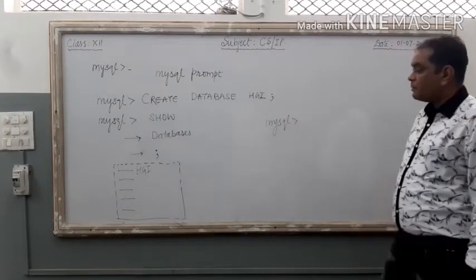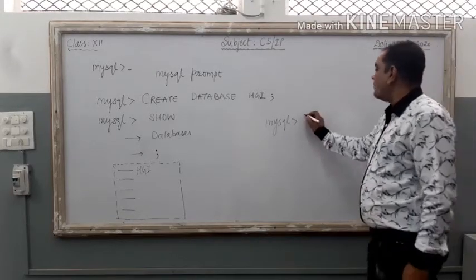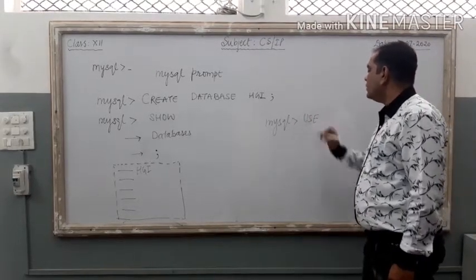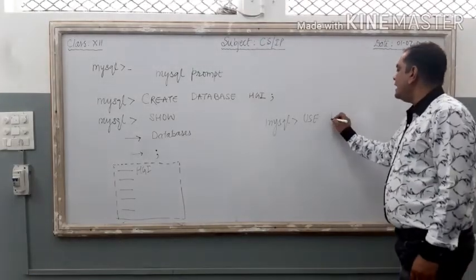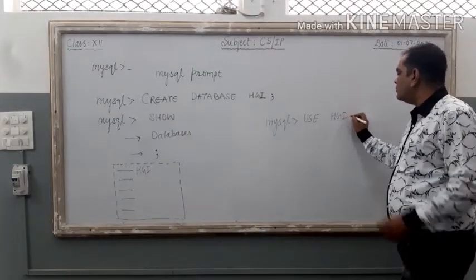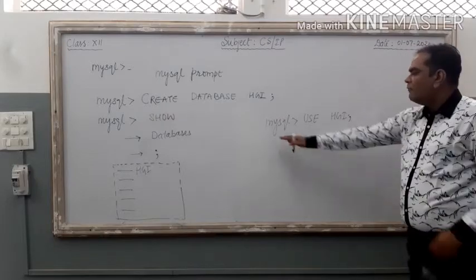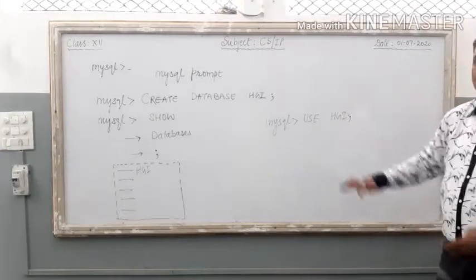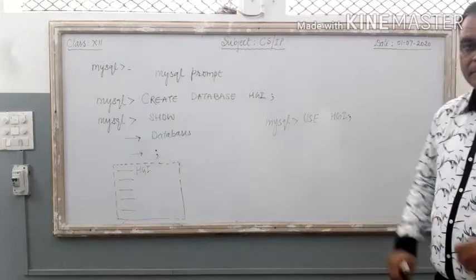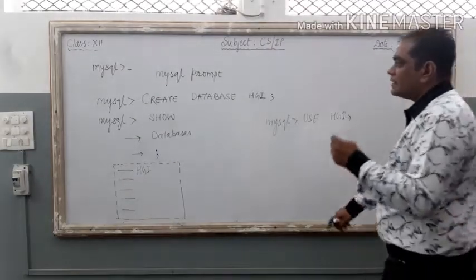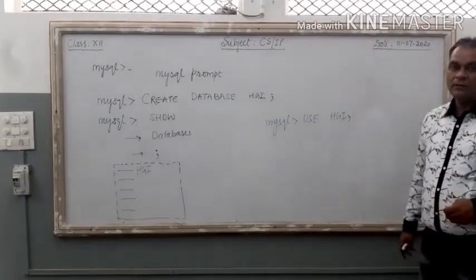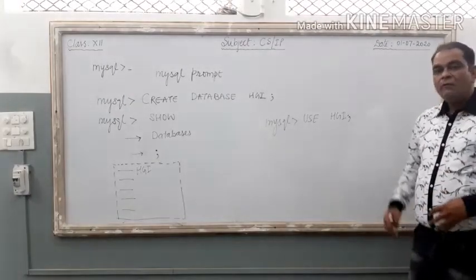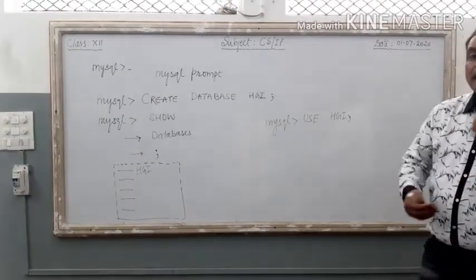In front of this prompt, you just write the command use, then space, then HGI: use HGI. One confirmation message appears just after the command if the command is correct. Clear? So just remember the third command, first one, second one and the third one. By these commands we can work on the databases.